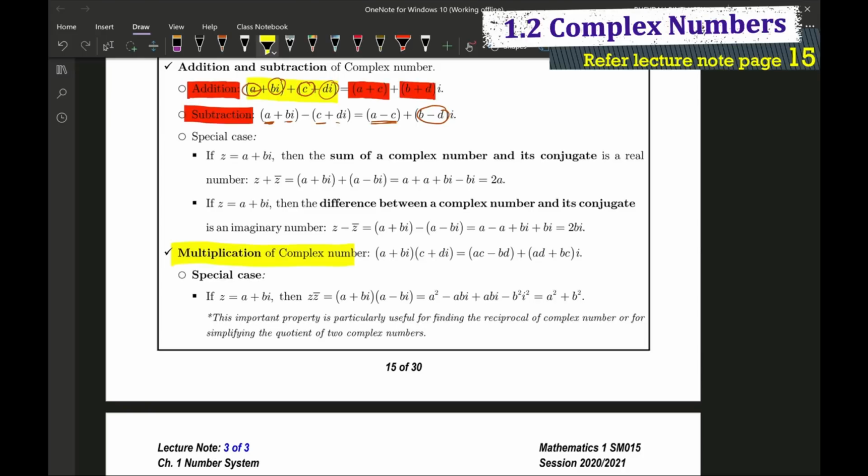As you can see here, it's like we multiply a traditional binomial by a binomial. So at the end you will get this.